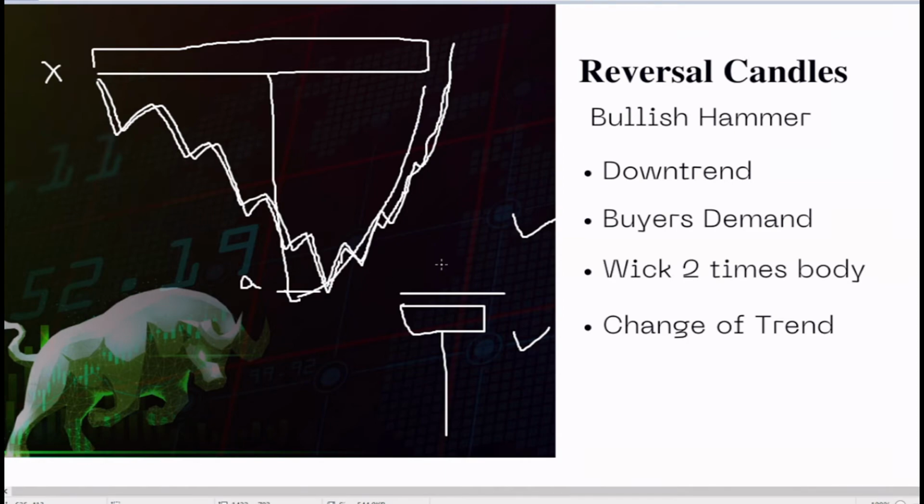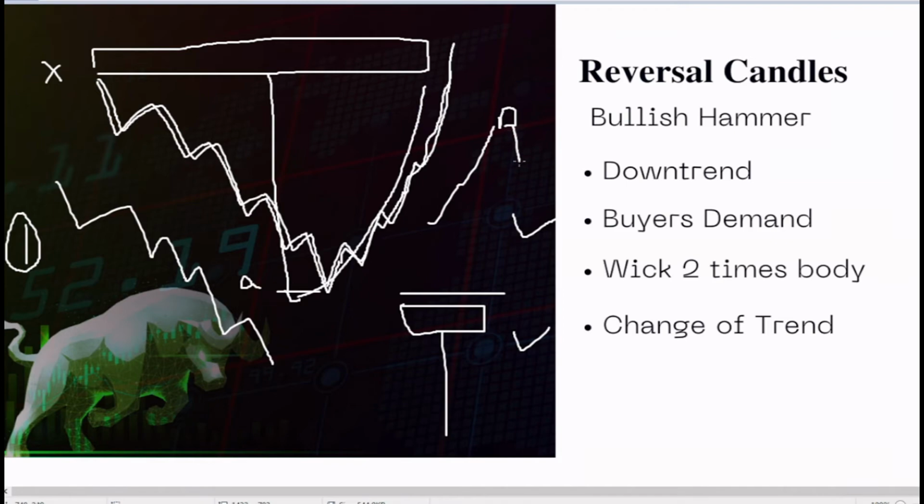Now, other than this, there is something very important. First of all, the candle, whenever it is formed, it has to form after a steep downtrend, right? It cannot happen that the price is going up and then there is a particular thing. This is not called a hammer, right?